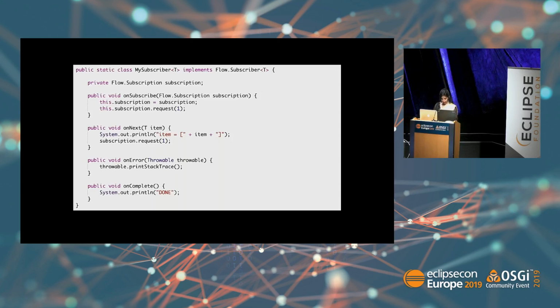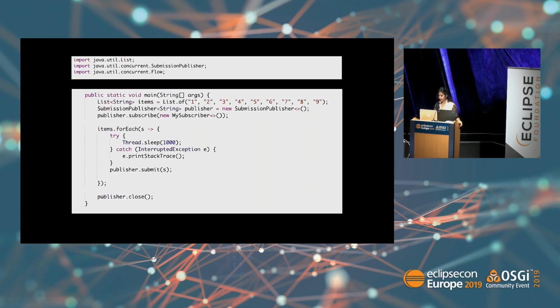So I just had this small program that I wrote for the Flow class, where we are creating a basic subscriber which actually asks for, in that subscription, this is a subscriber, and on request it is asking the producer to give me one data after the other. It will read, it will print, and it will ask again.